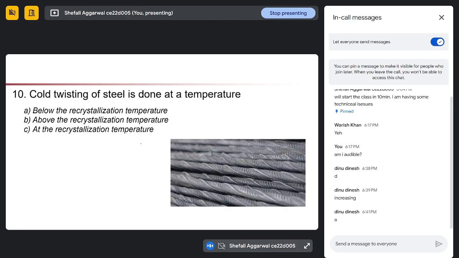So the next question is, cold twisting of steel is done at a temperature below the recrystallization temperature, above the recrystallization temperature, or at the recrystallization temperature.